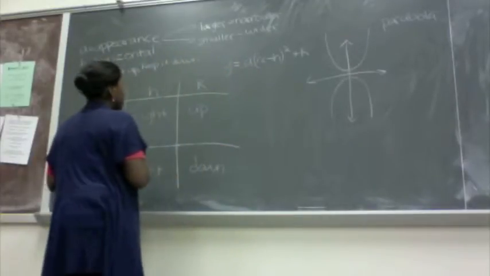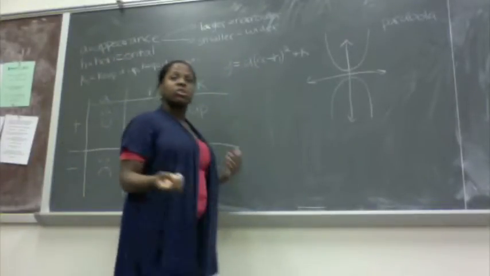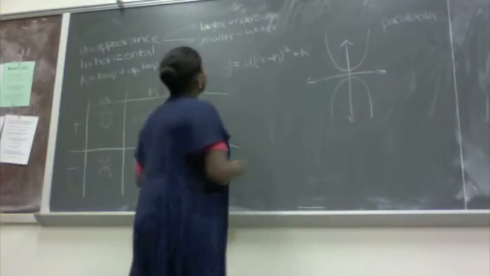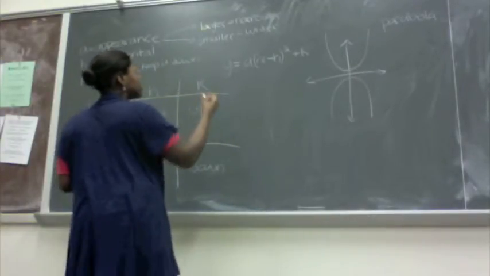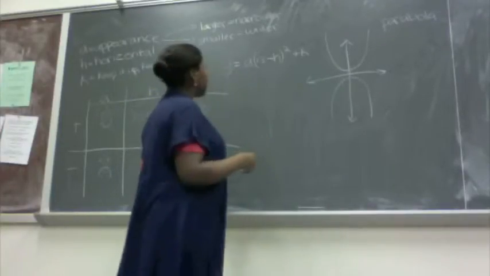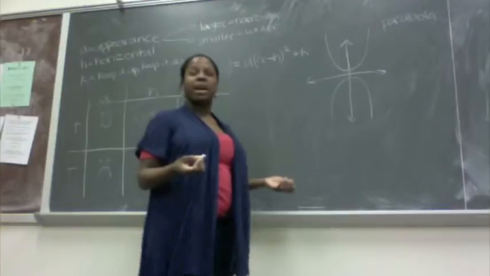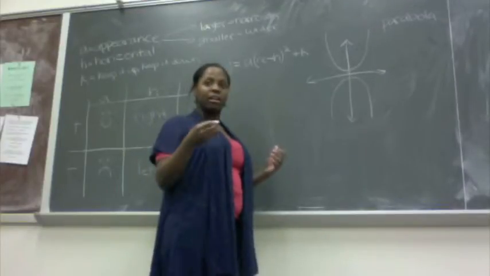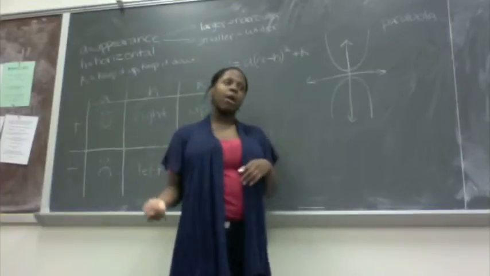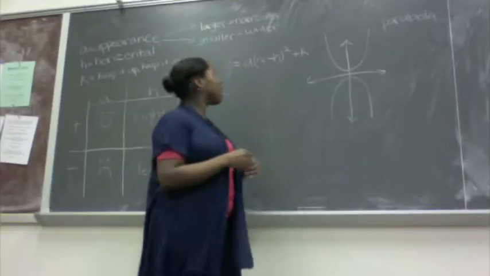Also, a, depending on whether it's larger or smaller than 1, affects the width of the parabola. So, if it's larger than 1, it's going to be narrower. If it's smaller than 1, it's going to be wider.